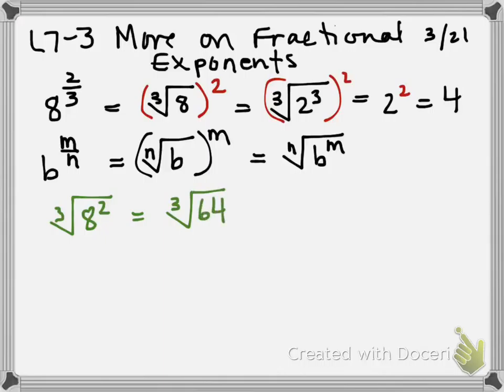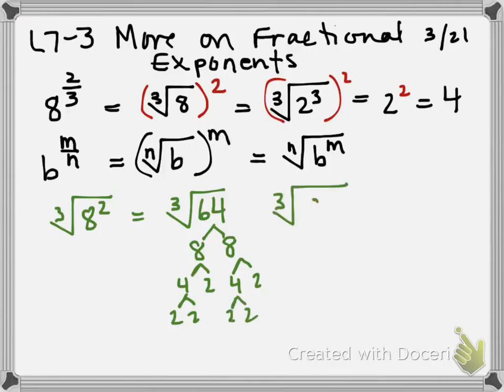And now we're dealing with larger numbers. So we break this down. We may say 8 and 8, 4 and 2, 2 and 2, 4 and 2, 2 and 2. And we get 2 to the 6th power.